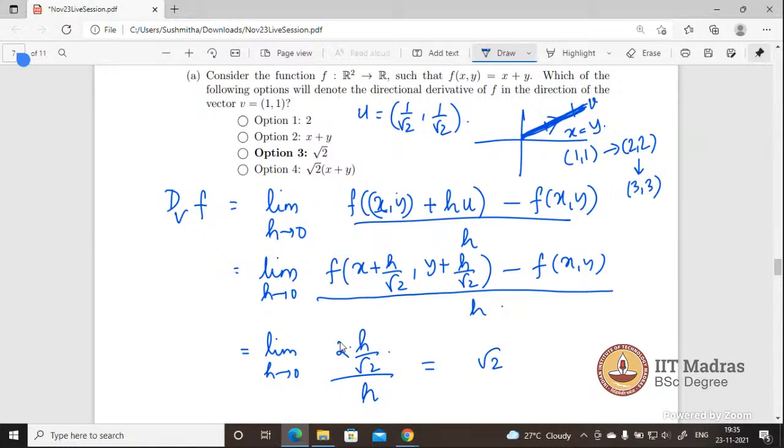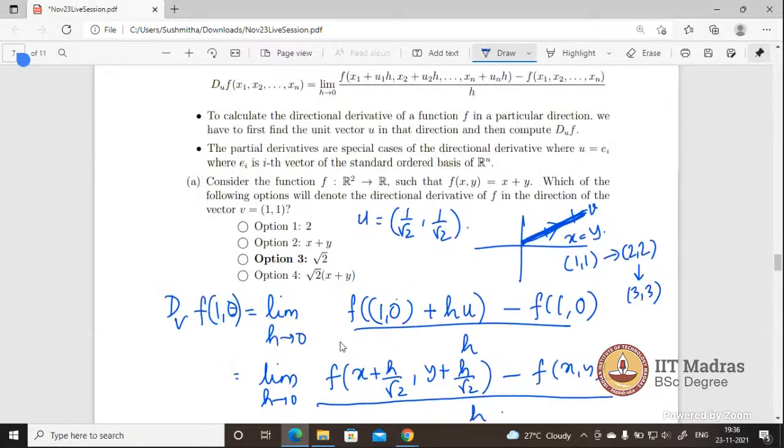So if I want to find the directional derivative of f at a point, say (1, 0), instead of (x, y), I'll just put (1, 0). Here again I'll have (1, 0). In this case, for any (x, y), I get the directional derivative as root 2.